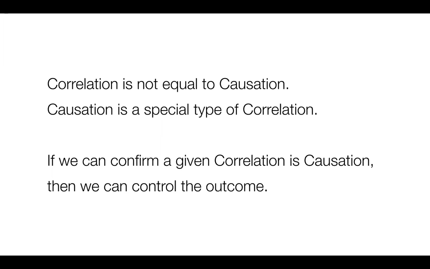But here's one note. I'm sure you have heard before, maybe many times, that correlation is not equal to causation. Causation is a special type of correlation. If you find a correlation, test it, and confirm that it is actually causation, then we can control the outcome by manipulating or influencing the variable and get a certain result.